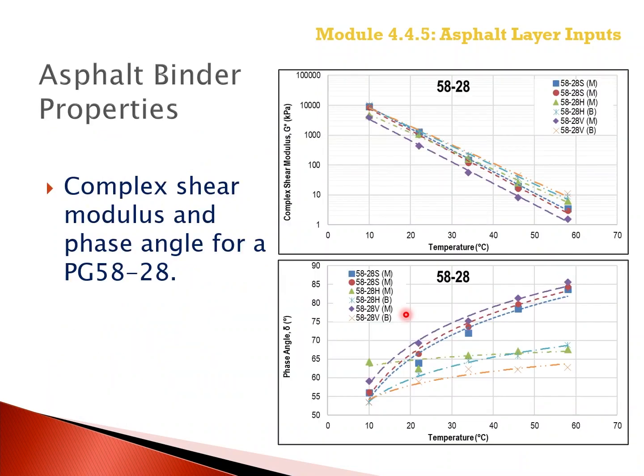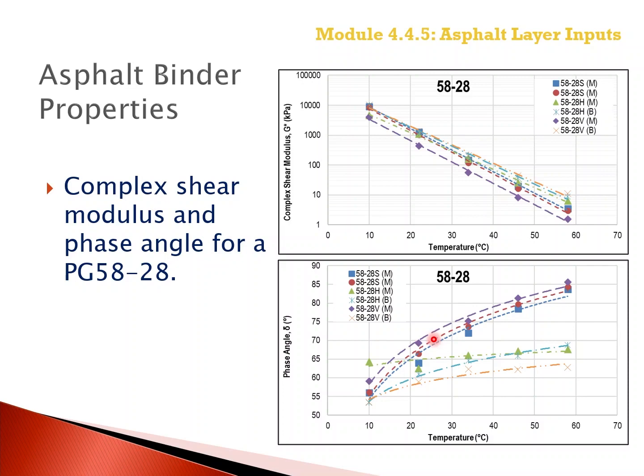Examples of the complex shear modulus and phase angle are displayed on this slide for a PG 58-28 binder. For input level 3, only the PG 58-28 is required for the binder. For input levels 1 and 2, the complex shear modulus and the phase angle for the binder are needed for one or more temperatures.